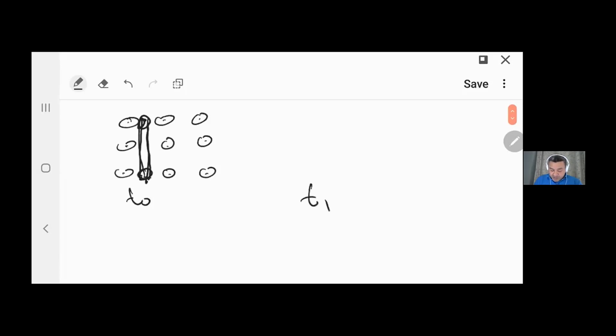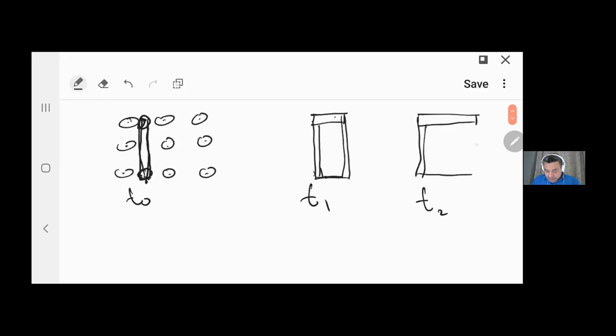At T equal 1, now this loop is going to look bigger. The area is going to look bigger. At T equal 2, it's going to look like this.